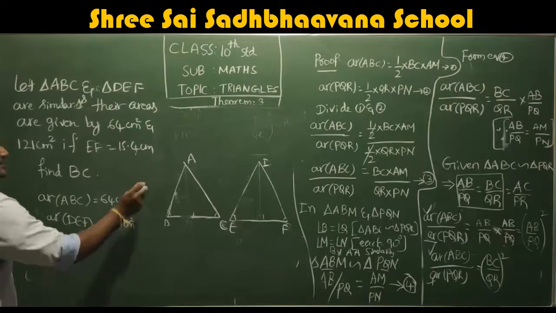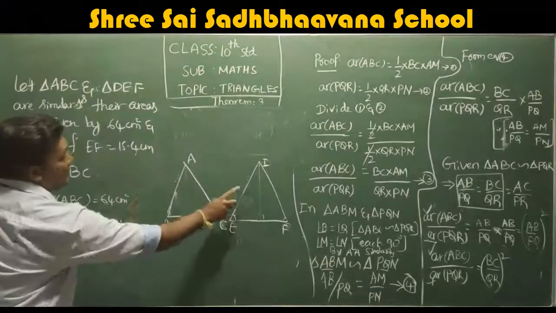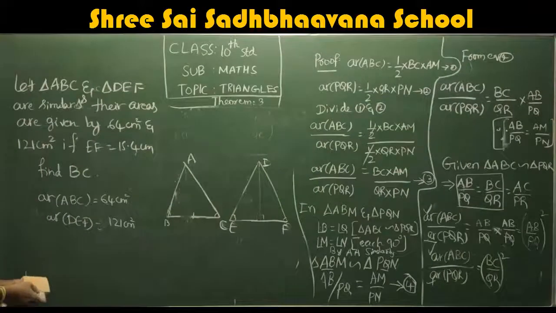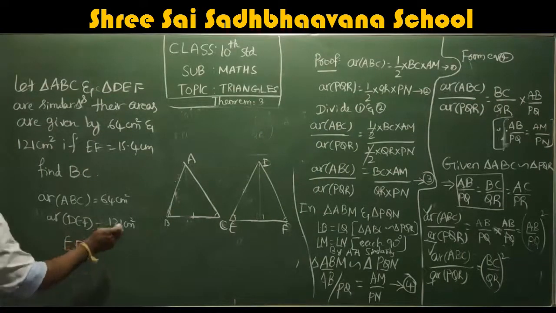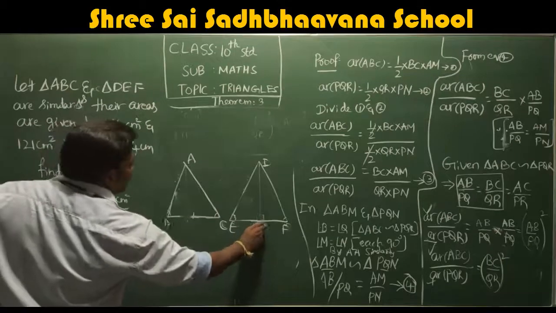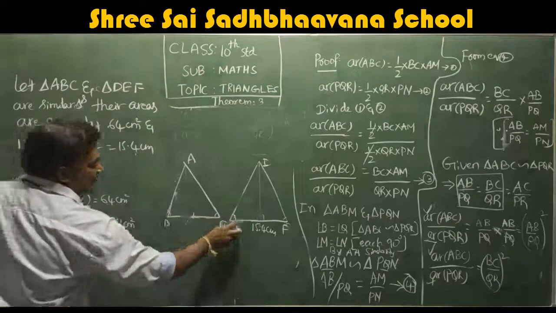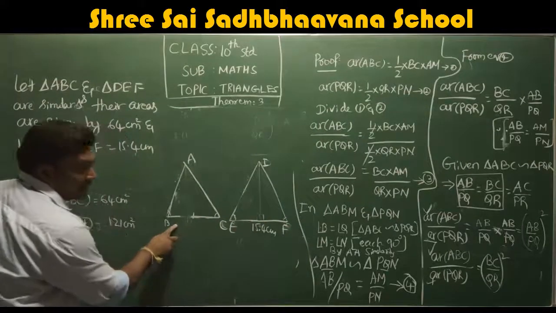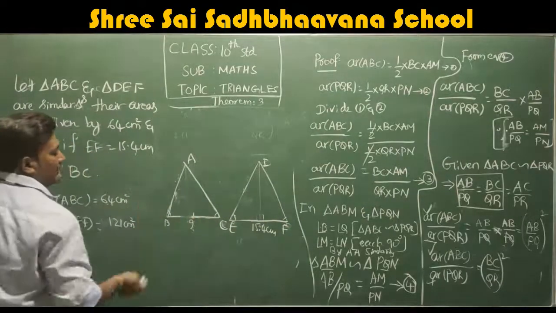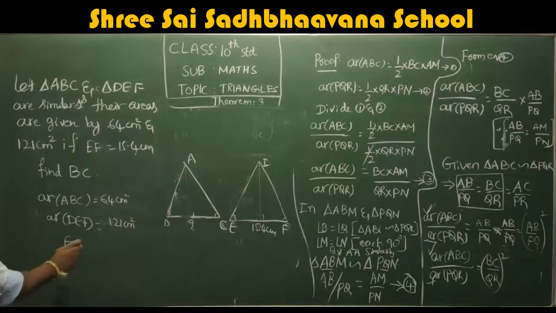They have also given the EF value, 15.4 centimeters. The corresponding side of EF is BC, and we don't know BC. The length of BC we have to find.